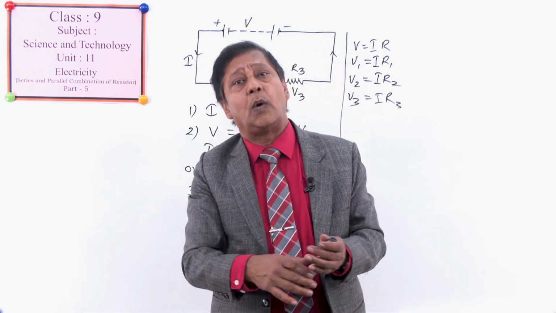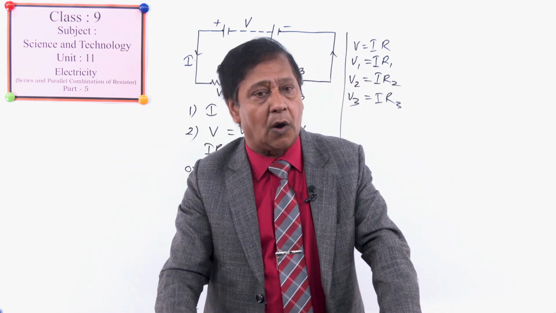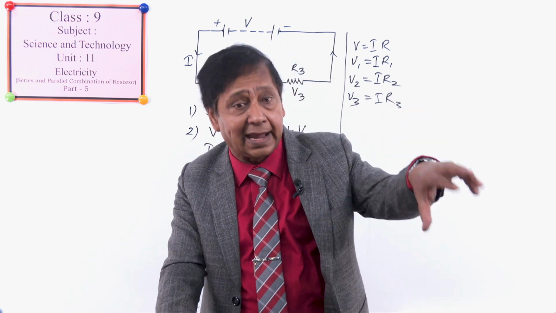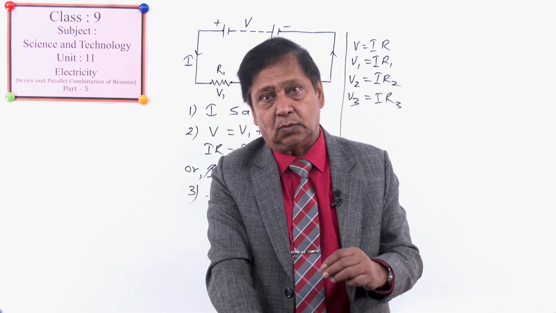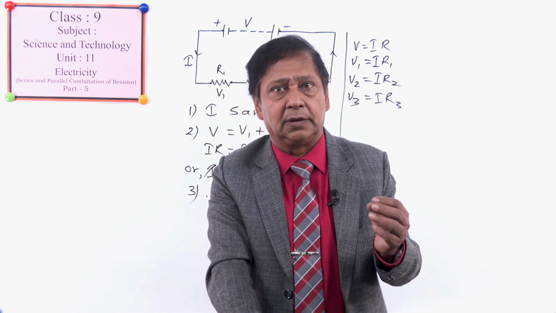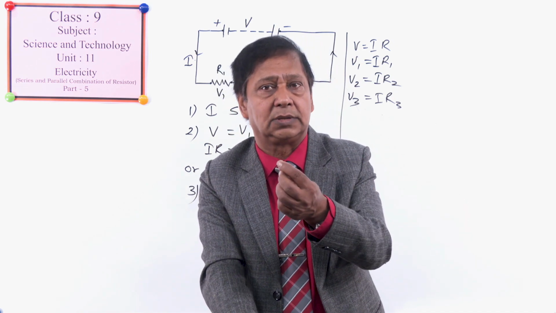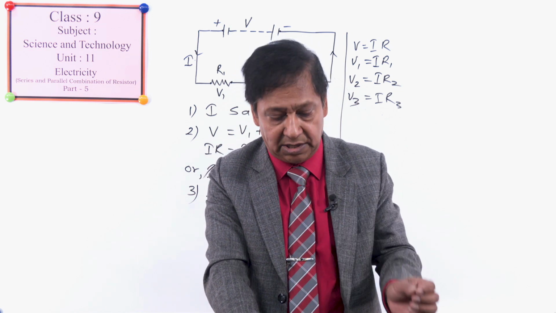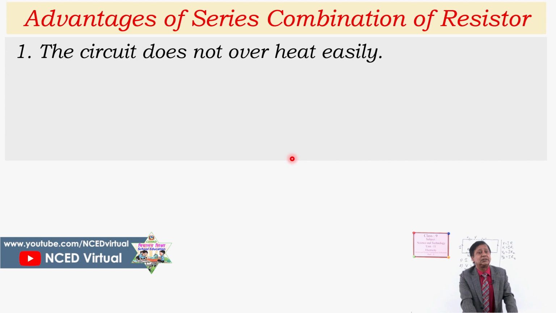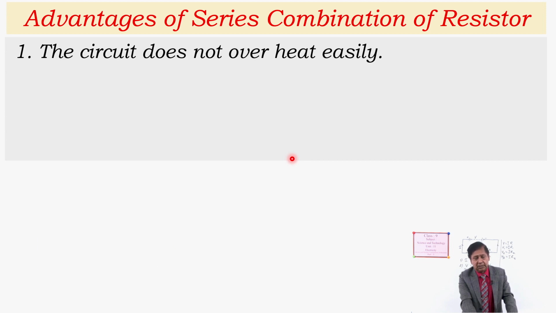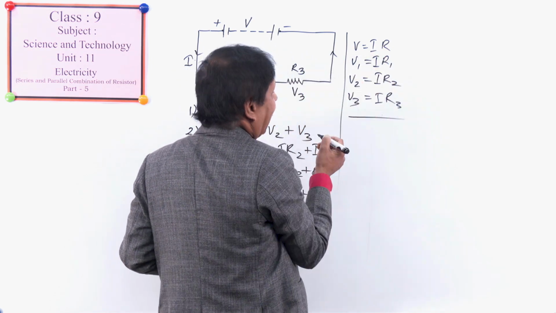Okay, now what are the advantages of series combination? These are characteristics. Now I am talking about the advantages. What advantage do we get if resistors are connected in series combination? Look at this. Number one, the circuit does not overheat easily. That means, according to Ohm's law, V equal to IR.